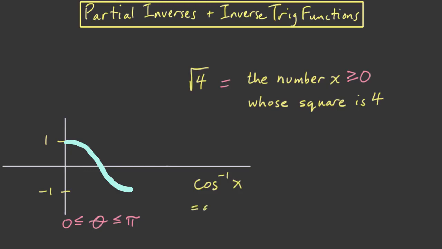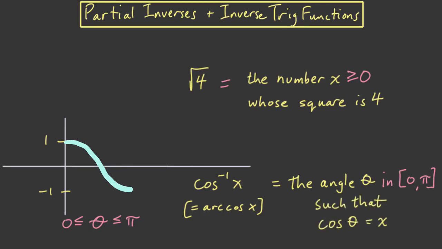Or sometimes people use arc cosine x instead. But in any case, the inverse cosine of x is the angle theta in the allowable interval, so in this case, in 0 to pi, whose cosine is x, or such that cosine theta equals x. And it's this restriction to the interval from 0 to pi that lets us say the angle.